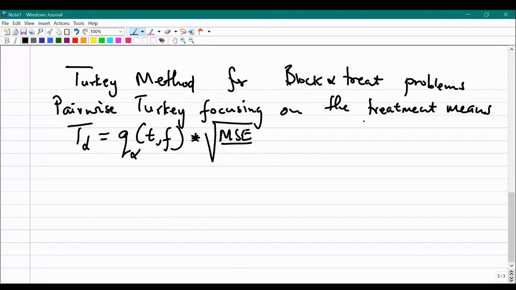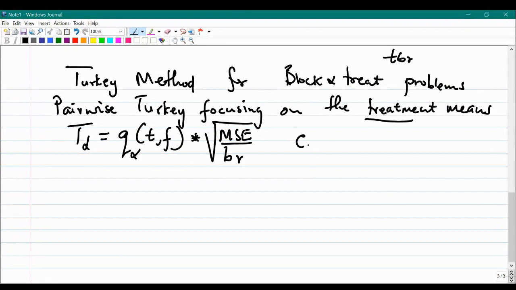We're focusing on the treatment. We divide by B. Why B? Because we are focusing on the treatment. What about R? It's BR, sir. It's BR, is it, my brother? Yes, sir, because our focus is on the treatment.